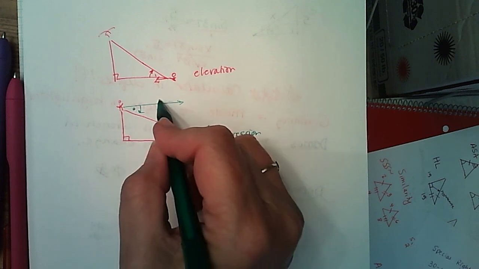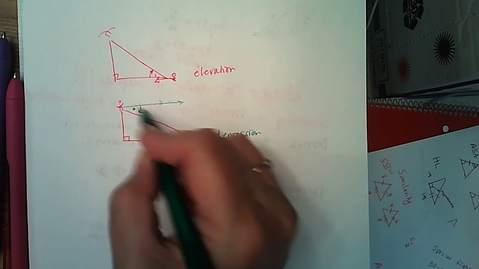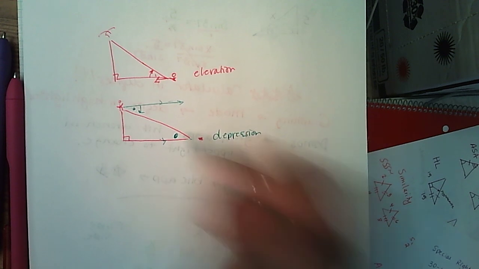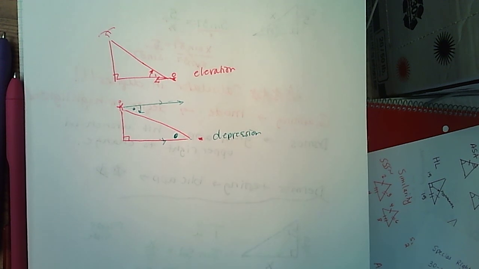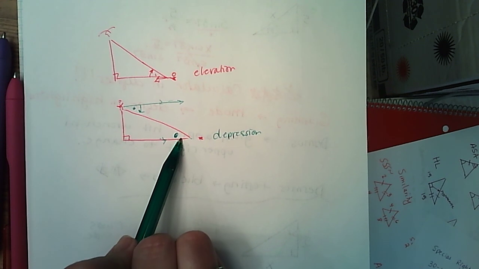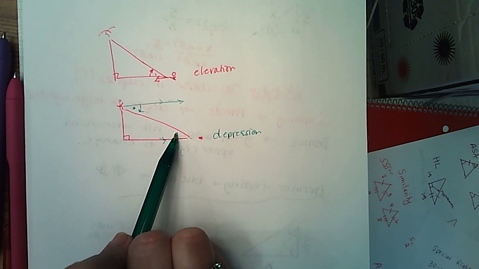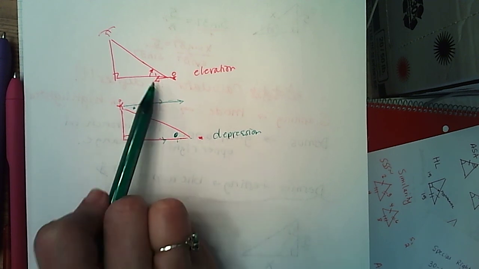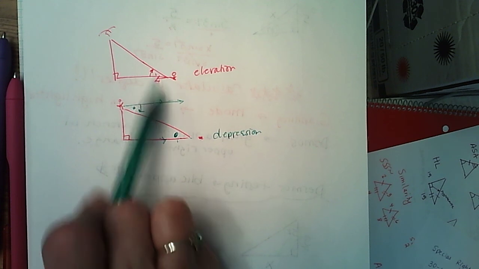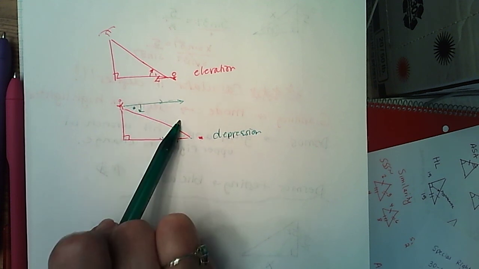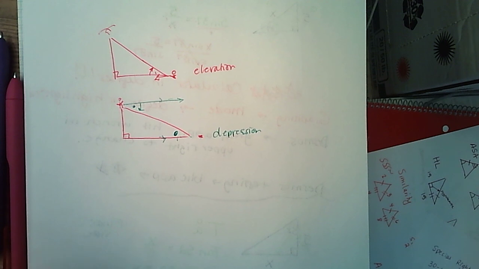But because we know that these two lines are parallel, that becomes a transversal. It's still the same angle we had before. So if you're ever in doubt which angle you're looking at, it's always the one that's right there at the bottom. Even if it's depression, it's going to be right here because of alternate interior angles. If it's elevation, it's right here because you're looking up from the ground. So it's the same angle on the inside. It just depends on what the situation is where you're looking at it.